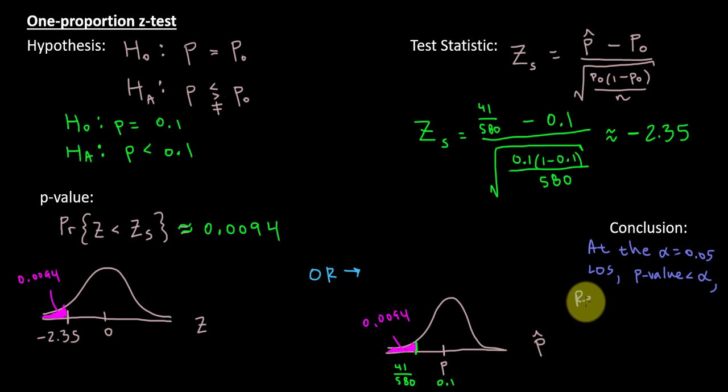Therefore, we have evidence to reject the null hypothesis that the population proportion of nudibranchs with the mutation is 10%. There's evidence to suggest that less than 10% have the mutation.